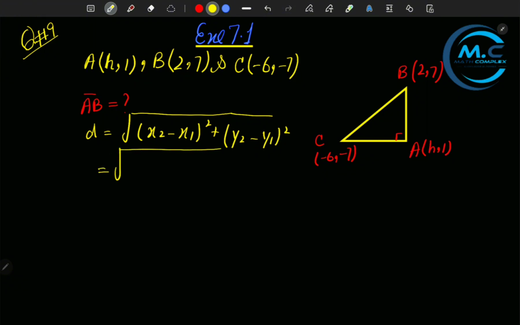Putting the values, the value of x2 will be equal to 2 and the value of x1 will be equal to h, whole square, plus the value of y2 will be equal to 7 and the value of y1 will be equal to 1.